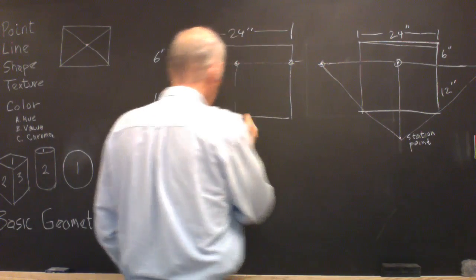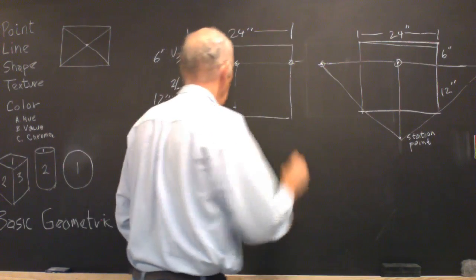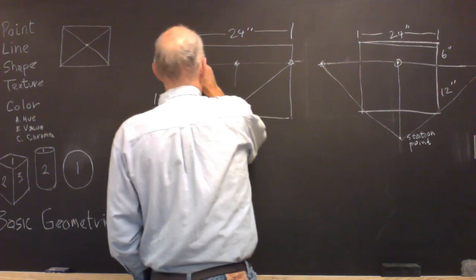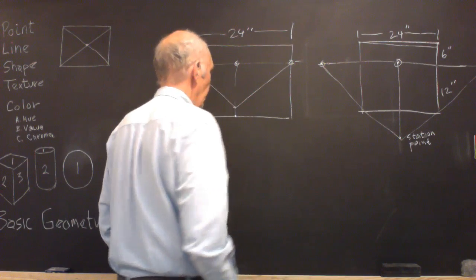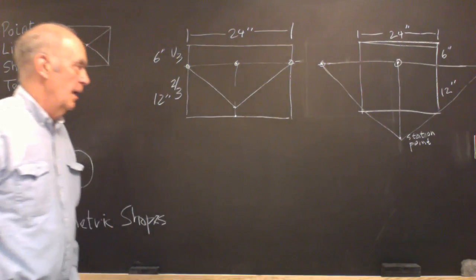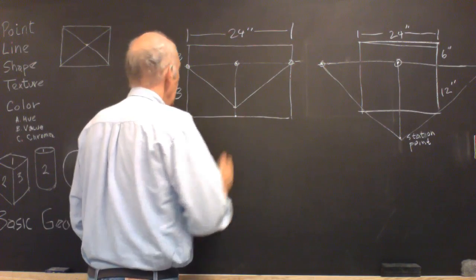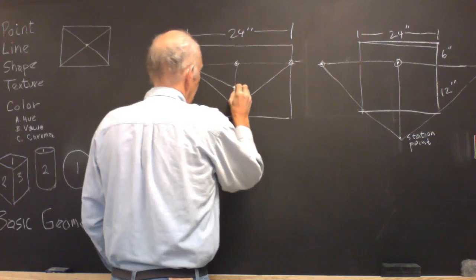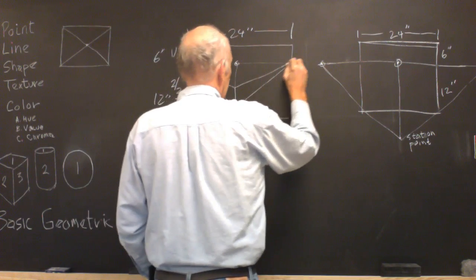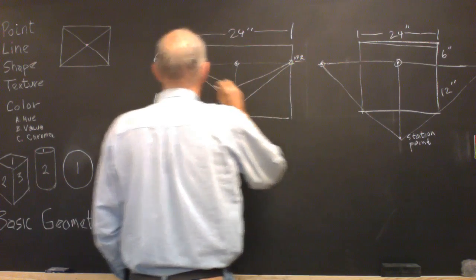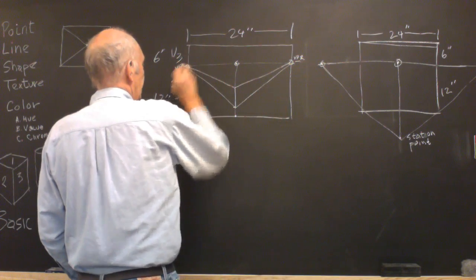Now, I'm going to move up on here and draw a box from a two-point perspective. And I do that by drawing the front edge and using these vanishing points left and right. This is vanishing point right, and this is vanishing point left.